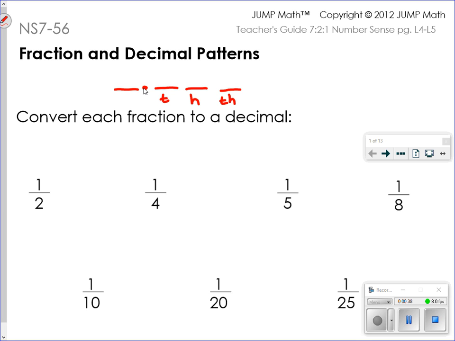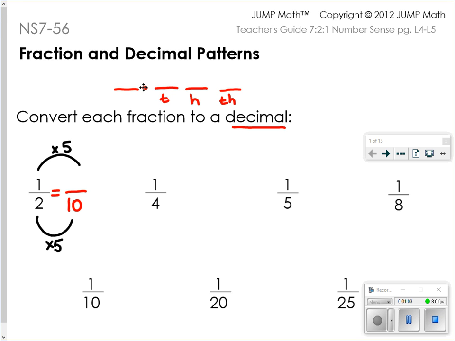But in order to convert the fraction 1/2 into a decimal, it will have to convert to either tenths or hundredths or thousandths, right? In this case, I can convert it easily to tenths just by multiplying by 5 on the bottom. And whatever I do on the bottom, I need to do on the top, multiply by 5.